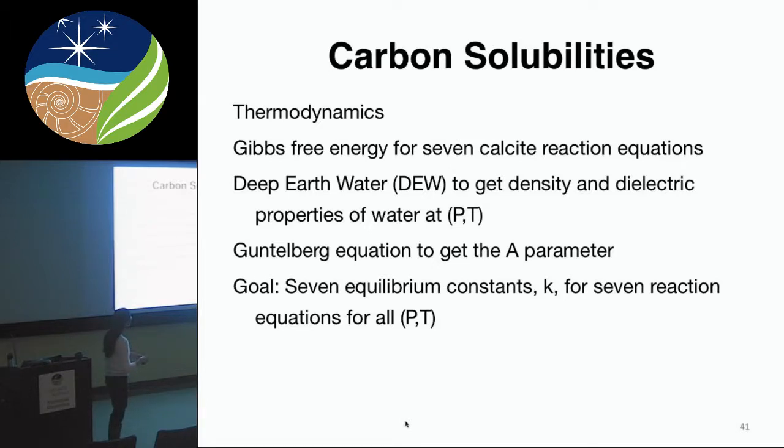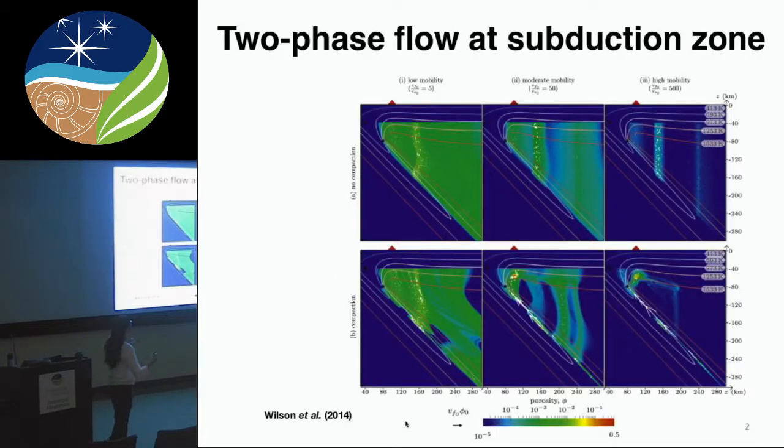I'm very close to it, just checking numbers, so I don't really have anything to show you in terms of what it looks like. But really, the goal is to get at two-phase flow at subduction zones. So this is a figure from Kian at DTM, a paper published in 2014, that shows this two-phase flow method applied at a subduction zone.